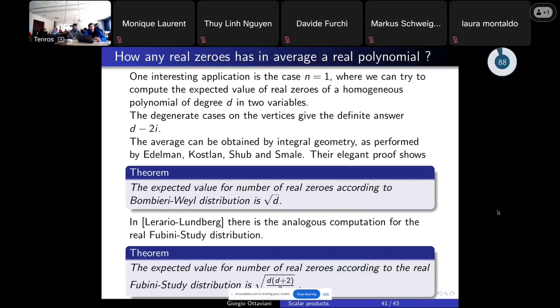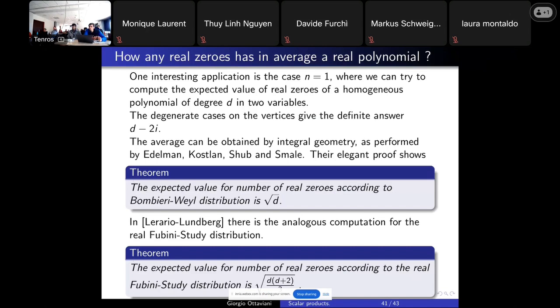And let me make some advertisement for this paper by Lerario and Lundberg. They do the analogous computation for the real Fubini-Study metric. And this is the answer. You see, for Bombieri-Weil it is the square root of d, and the other is the square root of (d+2)/3, which is much larger, you see.